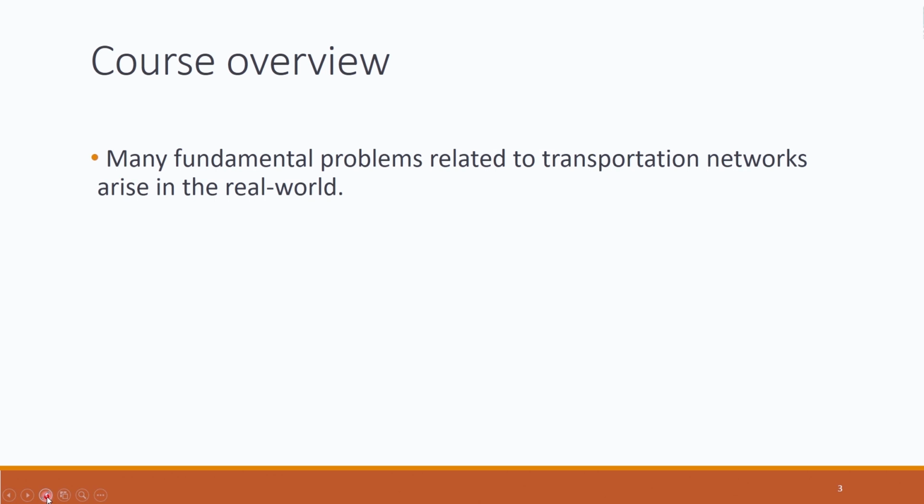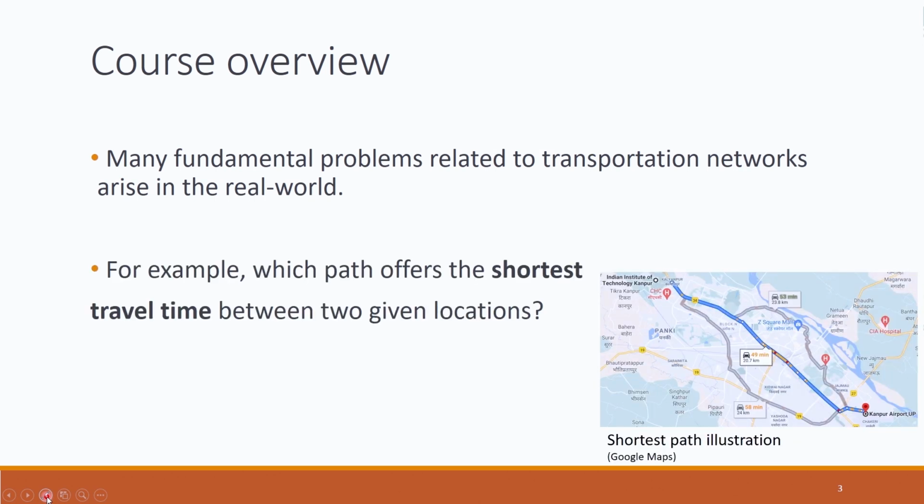Many fundamental problems related to transportation networks arise in the real world. The most common problem that everyone would have encountered is the shortest path problem. Here the objective is to find a path between two given places which offers the shortest travel time. It might seem that this problem is very trivial if the number of paths that are available between the two given locations are just few.